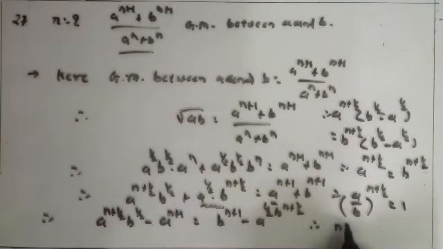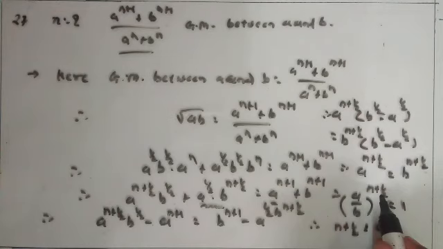We know that 1 is equal to (a/b)^0. So the power (n+1)/2 becomes 0. That means the power of a/b, that is (n+1)/2, becomes 0. Therefore, n is equal to minus 1/2.